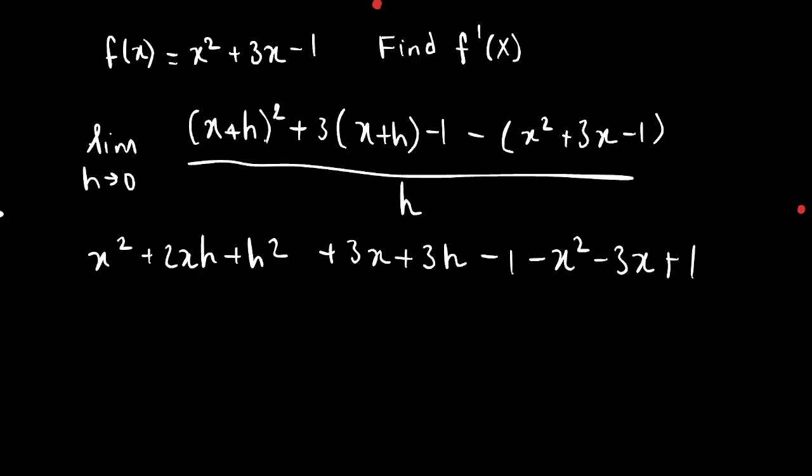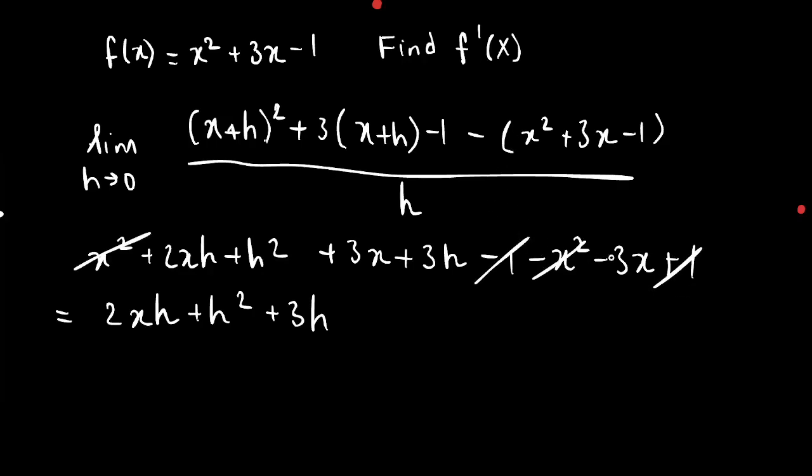Here we can then continue to simplify, and if we do so, that gives us our numerator 2xh plus h squared plus 3h, right? Our x squareds cancel out, our minus 1 and plus 1, our plus 3x and our minus 3x. And this is just going to leave us with 2xh plus h squared plus 3h.